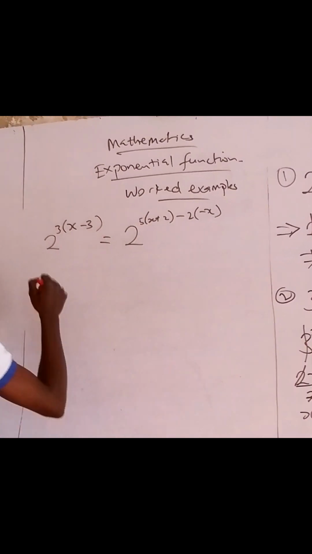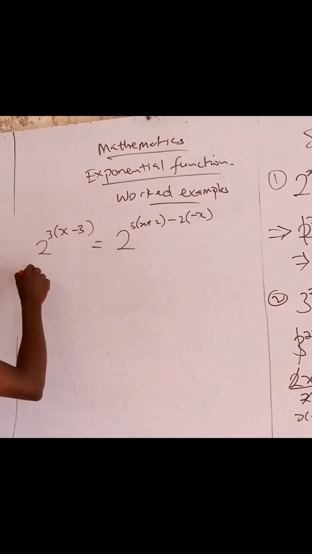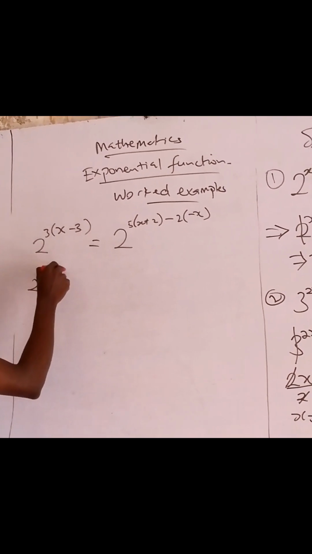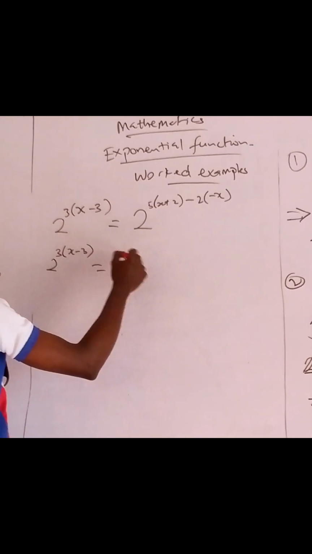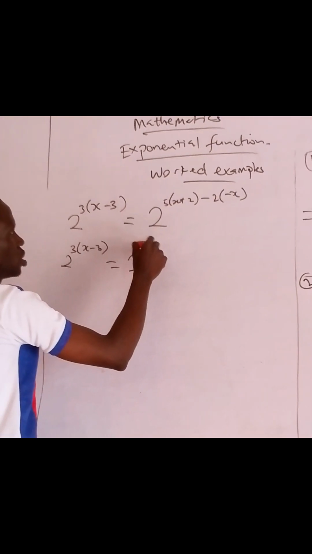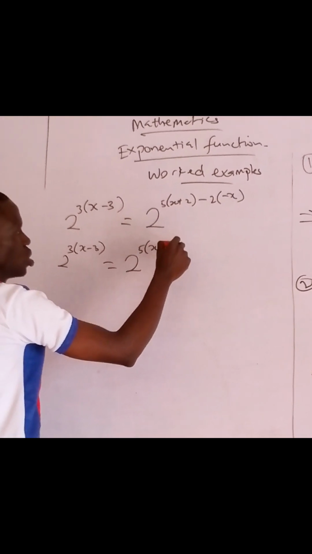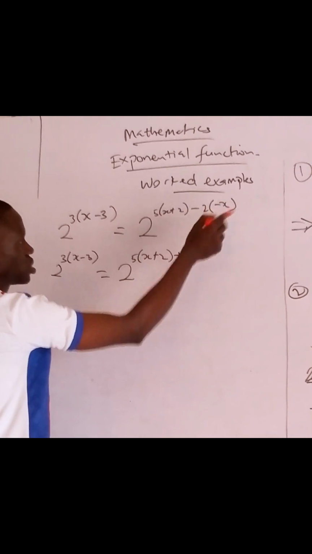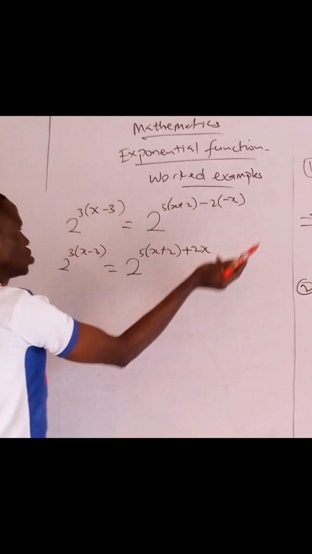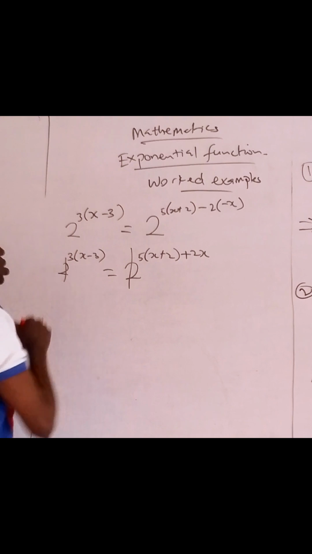So you have 2 raised to the power of 3 into x minus 3 equal to 2 raised to the power 5 into x plus 2 plus 2x. Minus times minus is plus, then 2x. So this can cancel this.